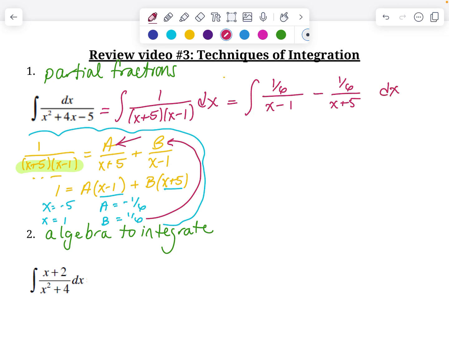So now this is my integrand. I could just handle it now, right? Because 1/6 is just a multiplier. I could pull that out mentally, and then I just have a natural log. So I've got 1/6 natural log absolute value, and same on this part. And then plus my constant of integration.